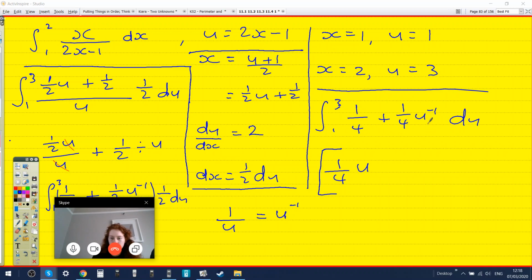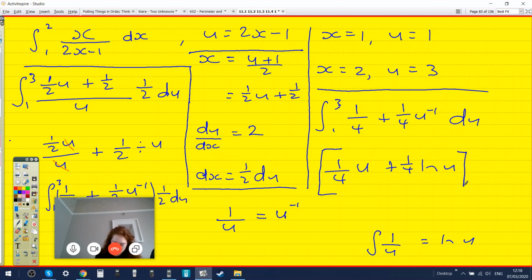That's what would happen, but that doesn't make any sense. Would it be a quarter ln u? Oh, yeah. Is that the integral of 1 over u? Is that ln u? I think it is. Yeah. And so that is a quarter ln u. And that is between 3 and 1.